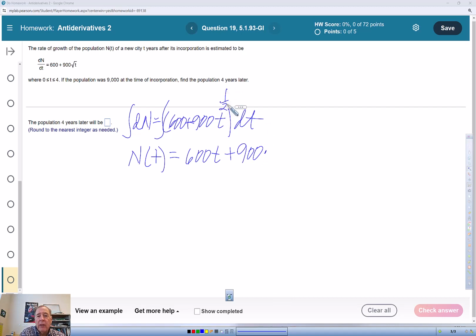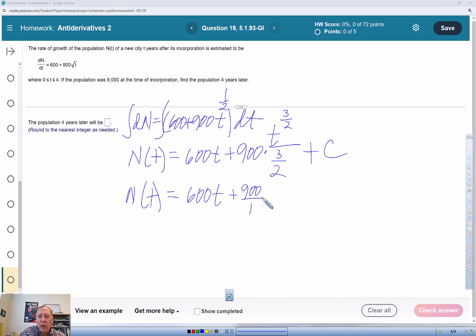I'm going to use the power rule for antiderivatives. Add 1 to 1/2, or add 2 halves, so I get t to the 3 halves divided by 3 halves, plus c. I'm going to simplify that a little bit. 900 over 1.